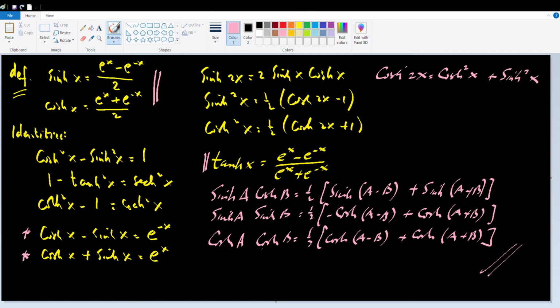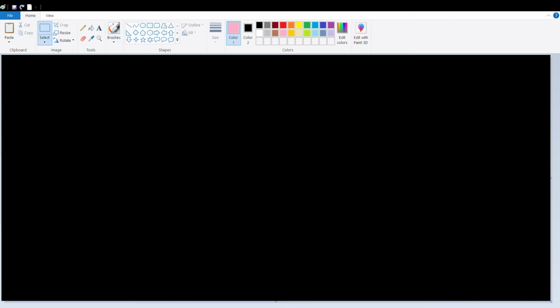So let us have some examples. We evaluate the integral of e to the 2x times hyperbolic sine of x dx. So notice that our integrand is a combination of an exponential function and hyperbolic sine of x. But we know that the hyperbolic function is essentially an exponential function.